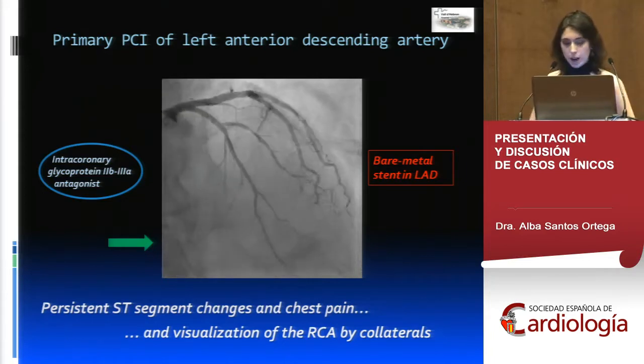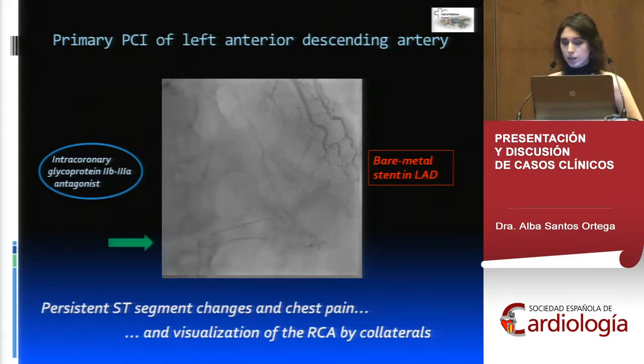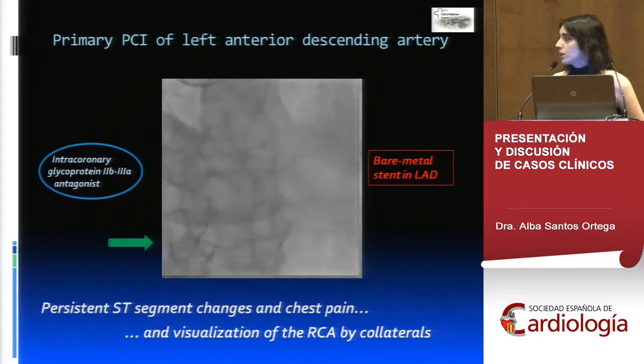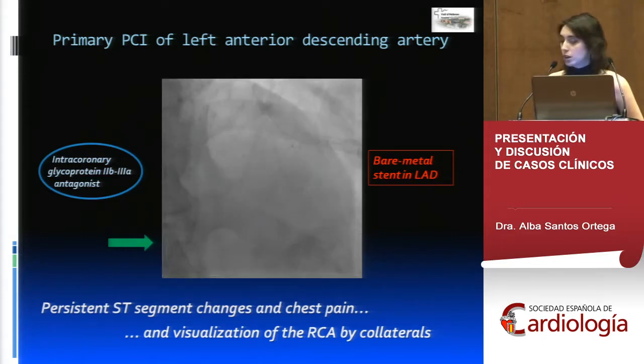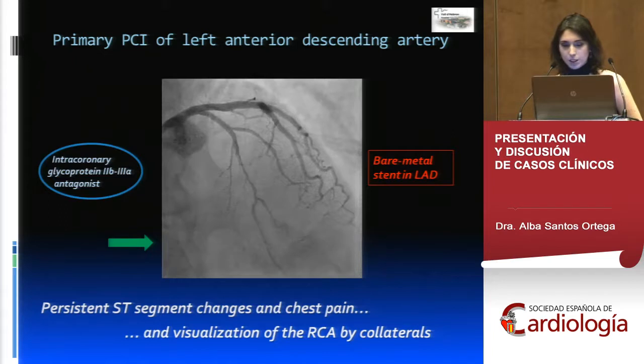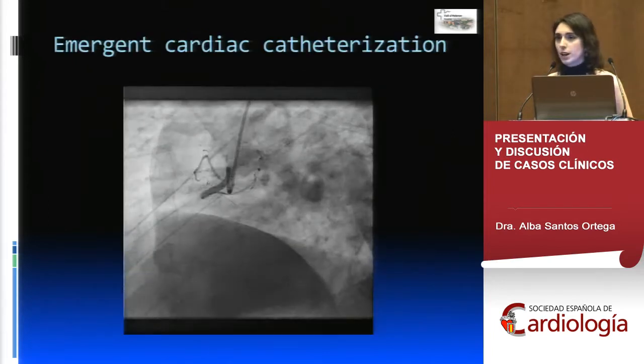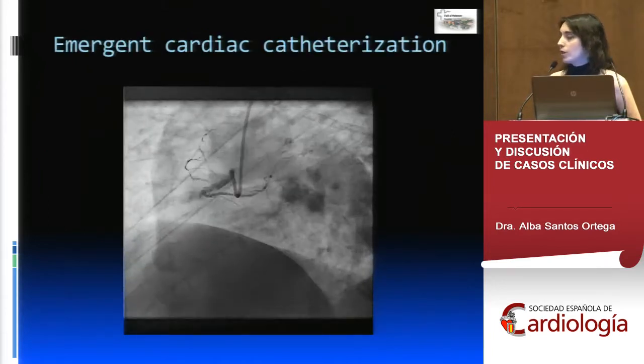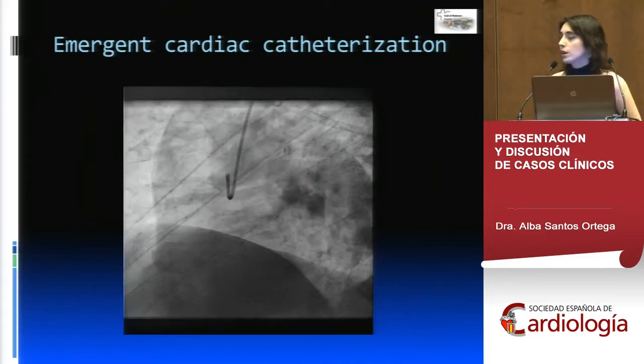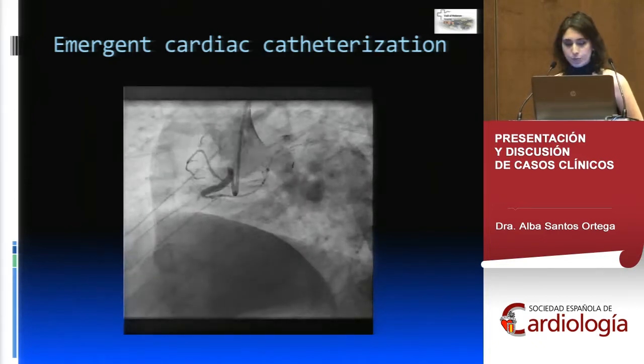The green signal shows that there are some collaterals from the left anterior descending artery going to the right coronary artery. So we catheterized the right coronary artery, and we found an acute occlusion in the middle third of this artery.